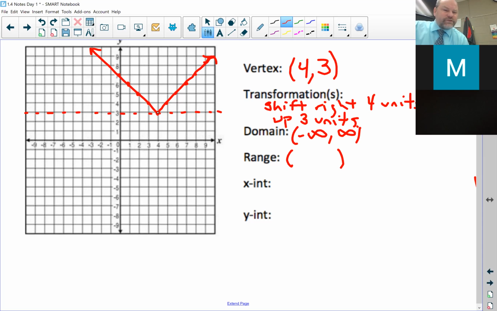What's the lowest y value? And it goes up forever. All right. Where does this graph cross the x-axis?